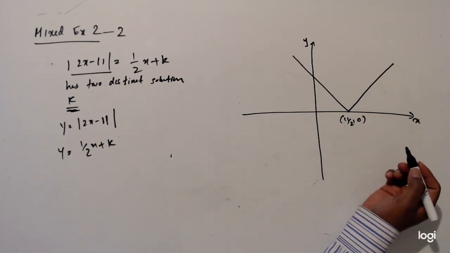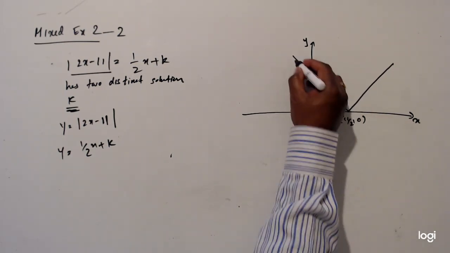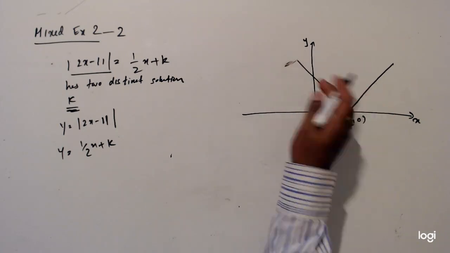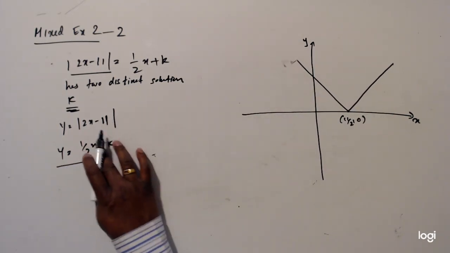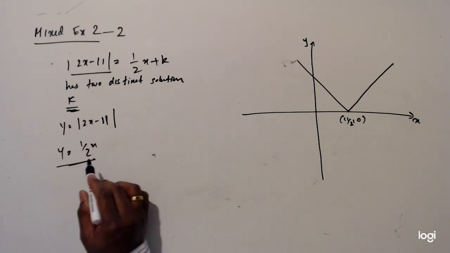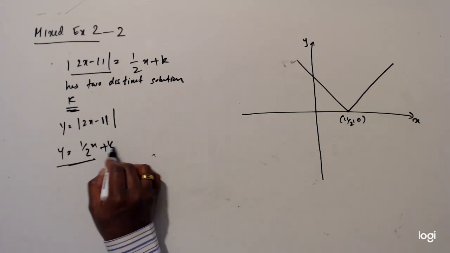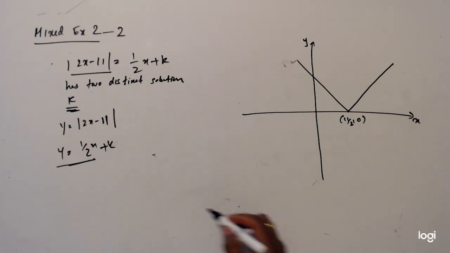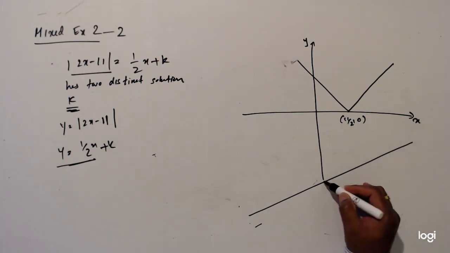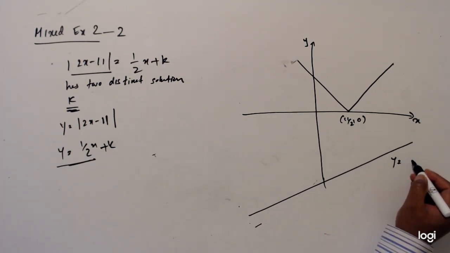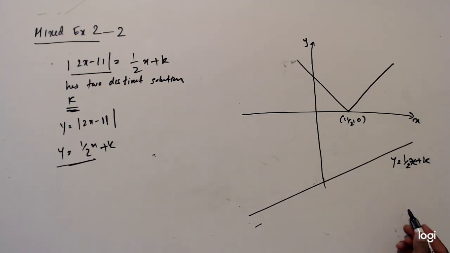You can draw now. Another one is y equals half x plus k. First of all y equals half x, and yeah, plus k. So let's say this is y equals half x plus k.